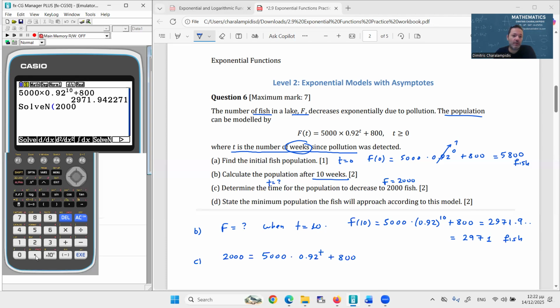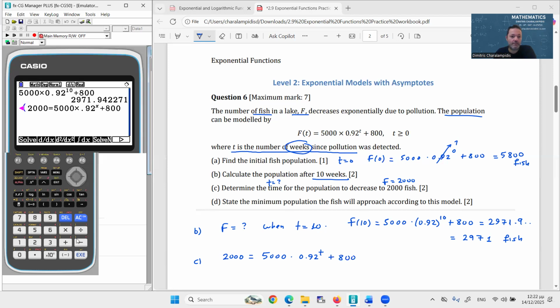2,000 equals 5,000 multiplied by 0.92 to the power of t plus 800.